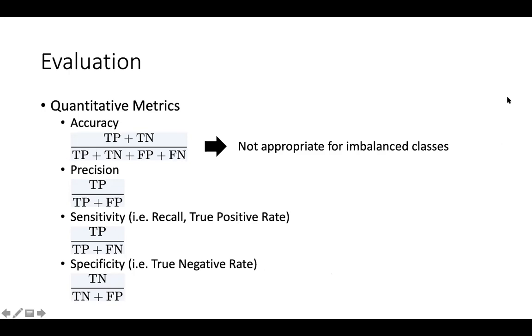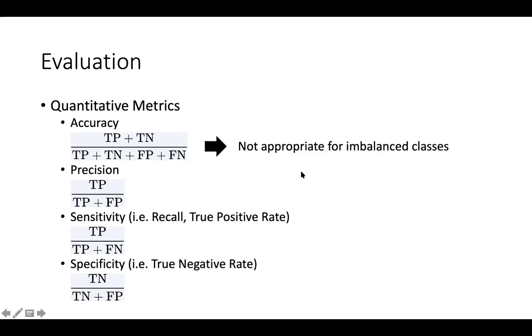If only 10% of your samples are positive cases, so only 10% of your patients ended up back in the hospital, then that is severely imbalanced classes. In that case, if your model simply predicts 0, or no readmission, all the time, it's going to achieve 90% accuracy because the positive cases are so rare. So obviously, accuracy is not appropriate for imbalanced classes.